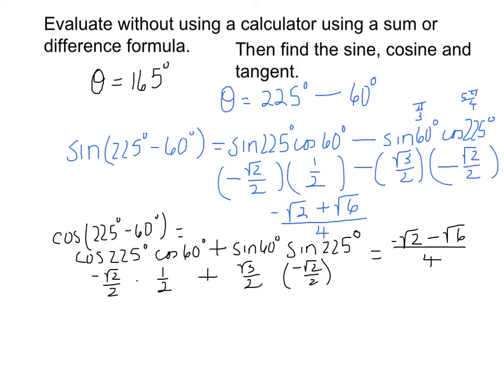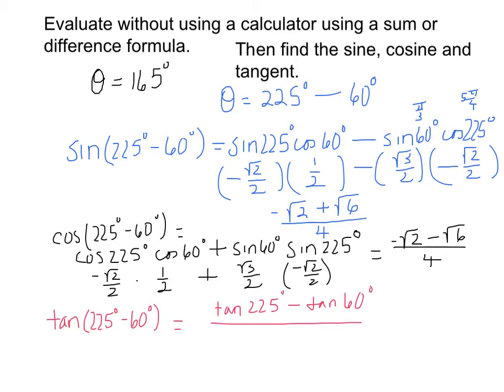That's your exact answer. So your last one then is to do the tangent of 225 minus 60 degrees. All right, so the tangent would be the tangent of 225 minus the tangent of 60 all over 1 plus tangent 225 tangent 60.